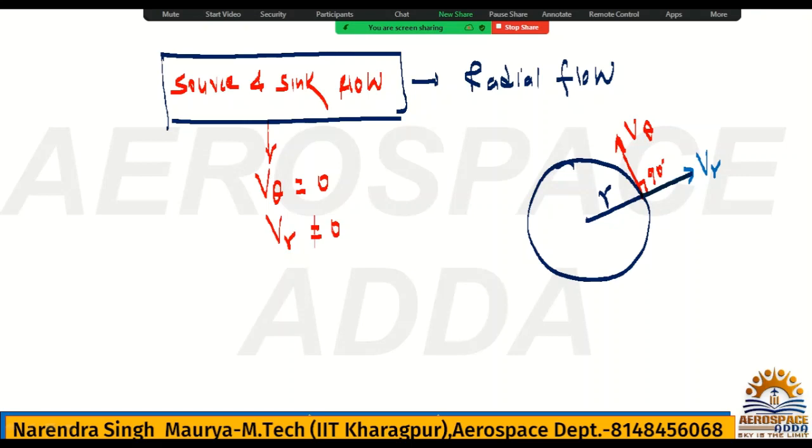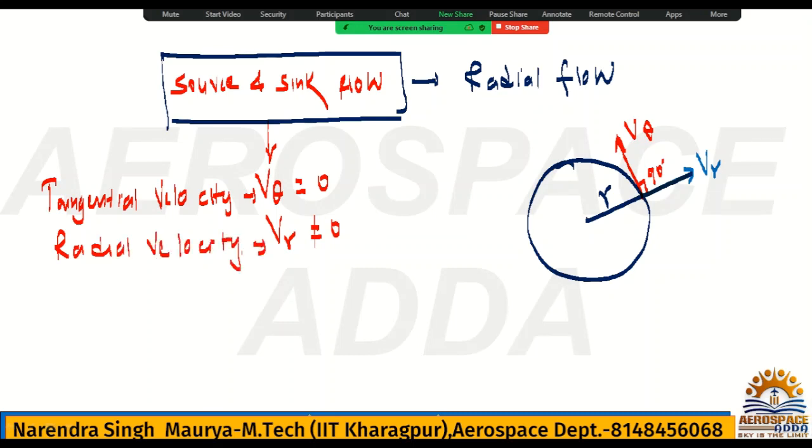So for source and sink, tangential velocity will be 0, but radial velocity will not be 0. I hope you understood this. This is very important to understand the whole concept.